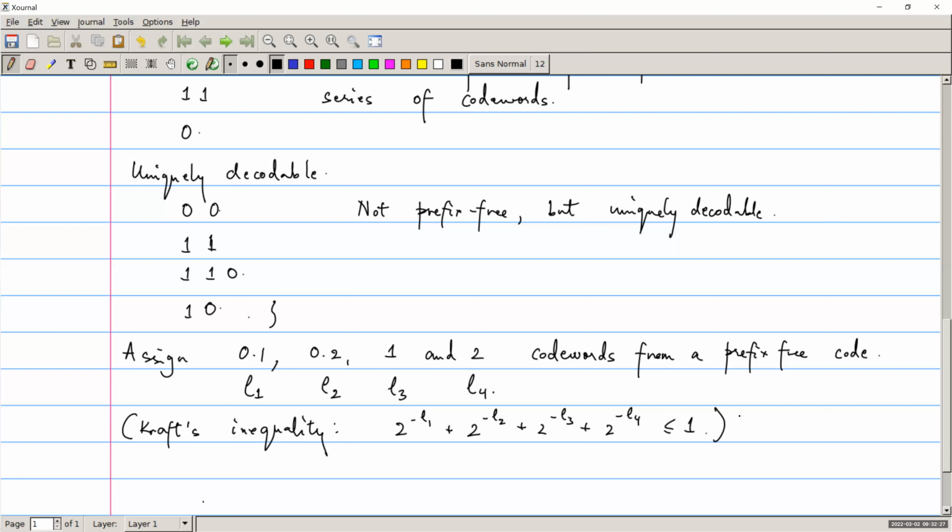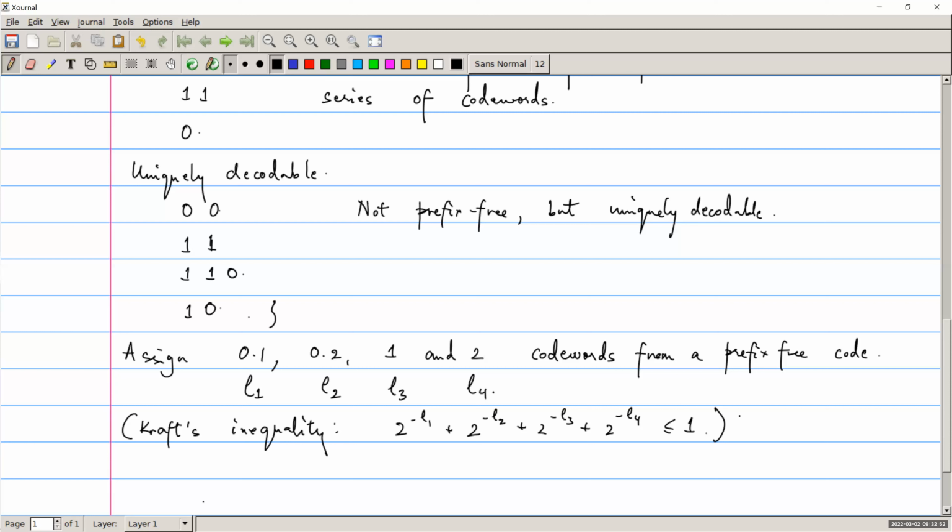If you have one with length 1, clearly there cannot be one more with length 1, since it won't satisfy the prefix-free condition, but in fact, the others have to be longer as well. Does this make sense?